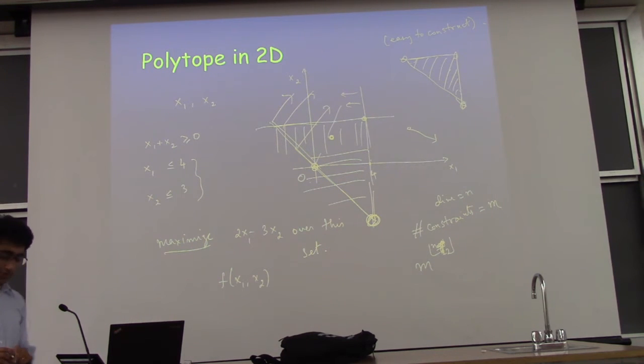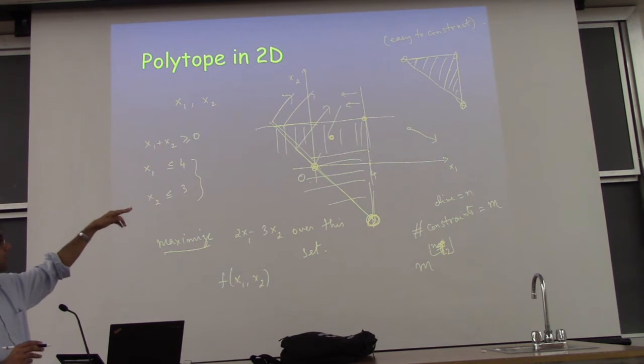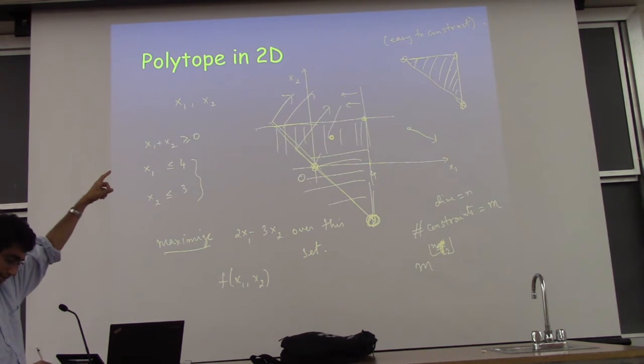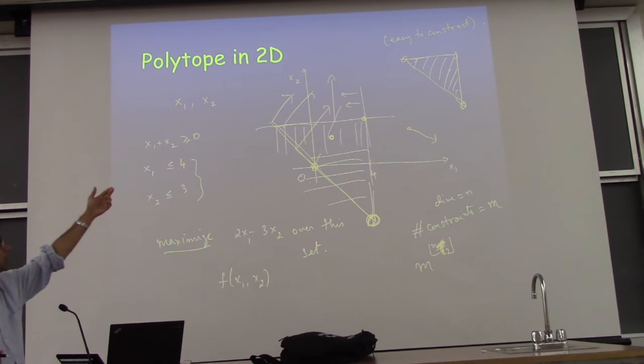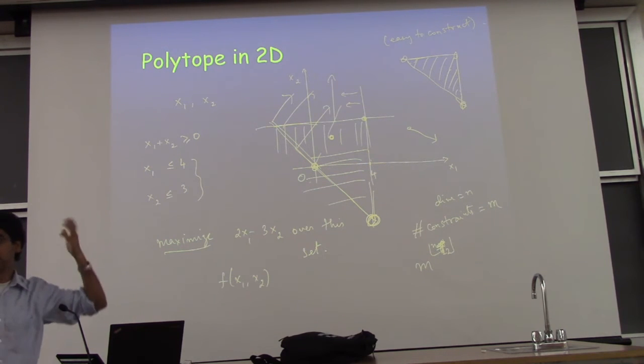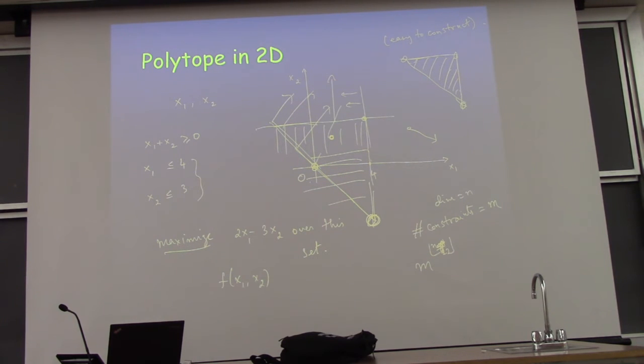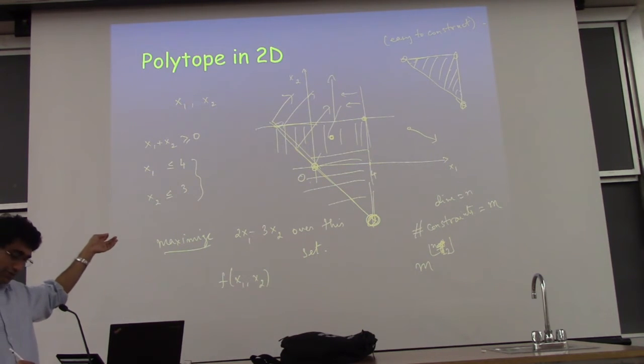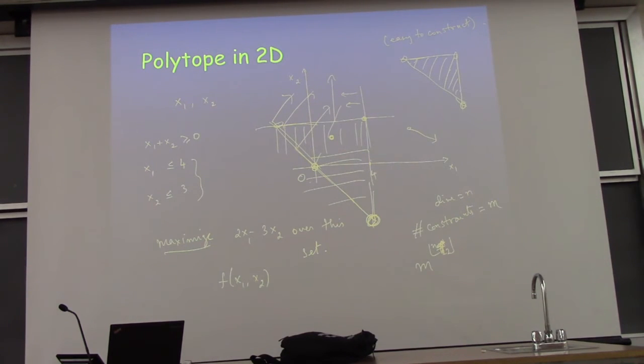So you could have cases where, let's say, you want to maximize just x2. Then any point on this top line will actually be fine, and it will attain the maximum. But there's always some corner point which also attains the maximum. Yeah, that's a good point.